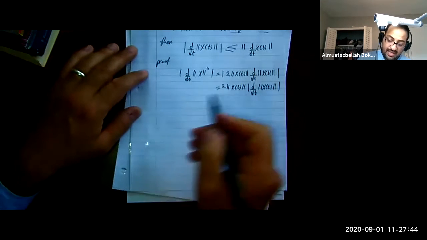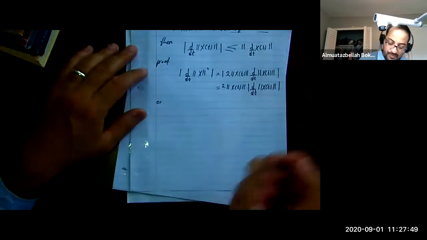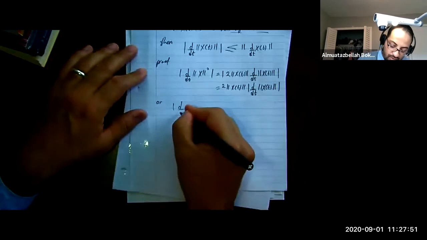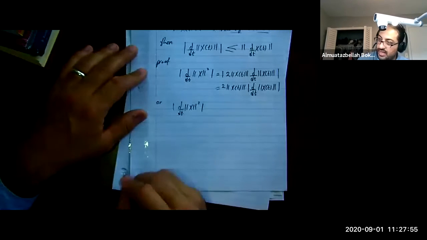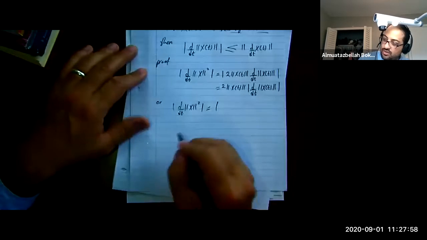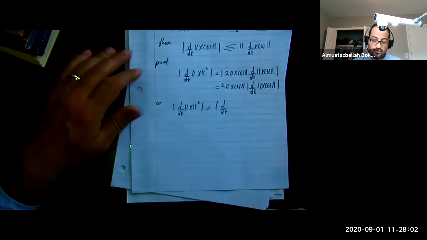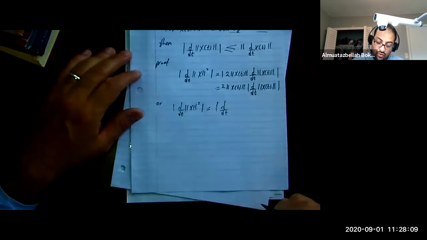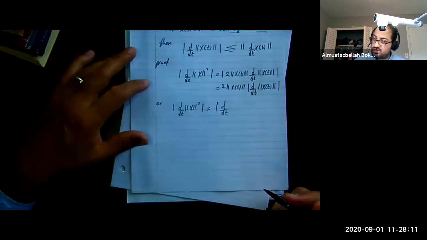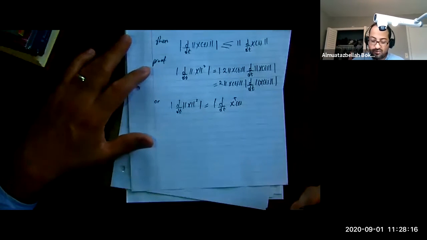I can also do the same here in a slightly different way for the benefit of everybody. So the magnitude of d over dt of the norm of x squared is equal to the magnitude of what? d over dt. What is the definition of the norm of x squared? That's the 2 norm. We did that last lecture, and actually we did it at the beginning of this lecture.